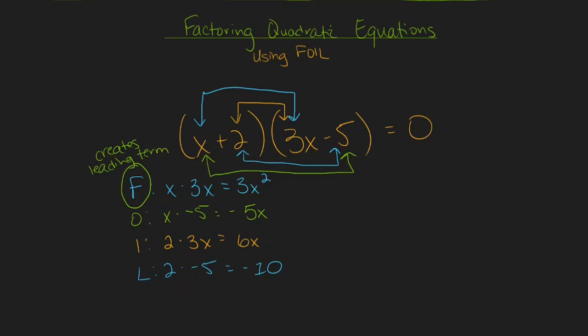Additionally, the lasts are the only terms that are constants, so they together are responsible for creating the constant in your original equation. That means that the inners and the outers work together to create the middle term.